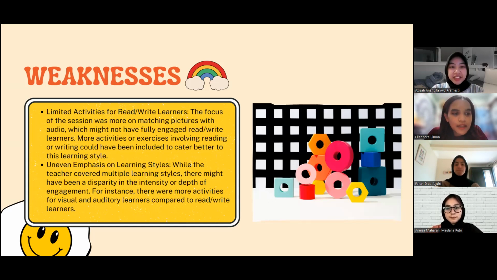So the second one, the uneven emphasis on learning styles. While the teacher covered multiple learning styles, there might have been a disparity in the intensity or depth of engagement. For instance, there were more activities for visual and auditory learners compared to read and write learners. The next slide will be presented by Farah.